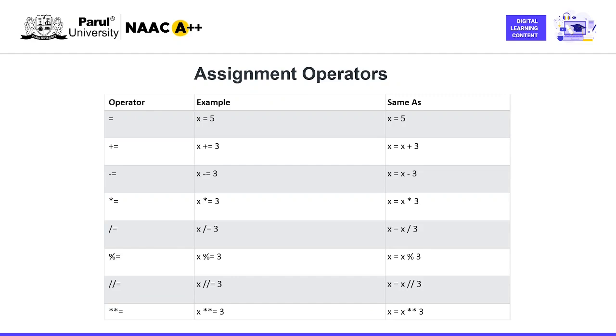The assignment operator is combined with any arithmetic operator. These are plus, minus, multiplication, division, modulus, floor division, and exponential. All these operators are combined with the assignment operator to create a composite assignment operator. Getting my point?